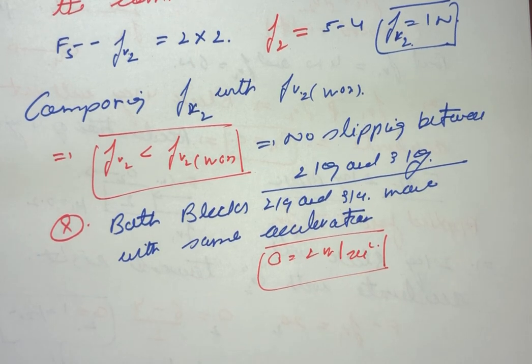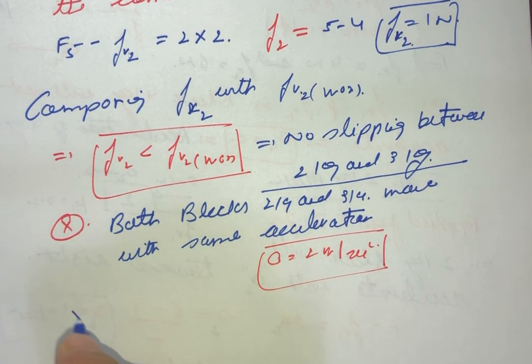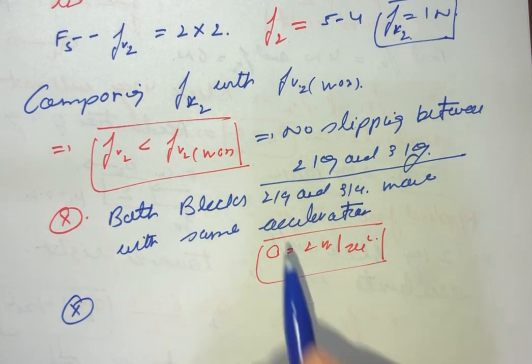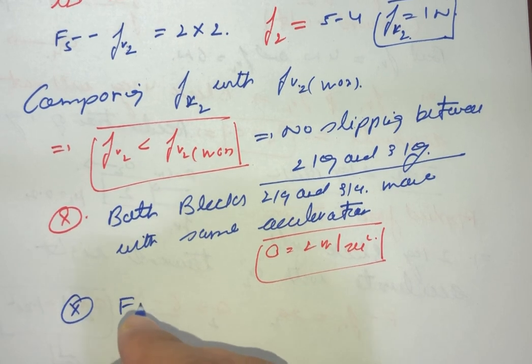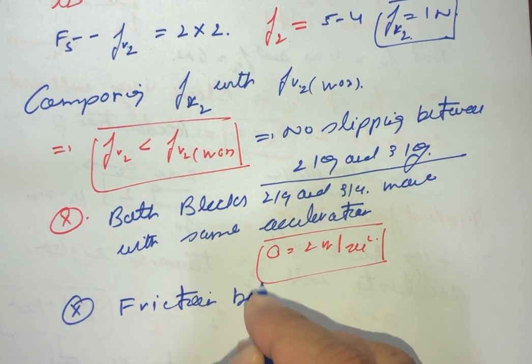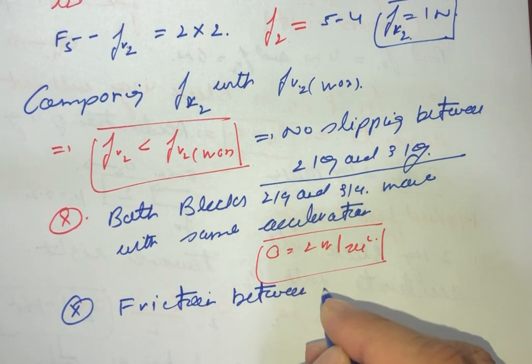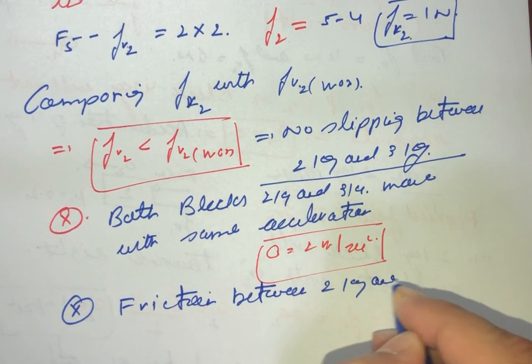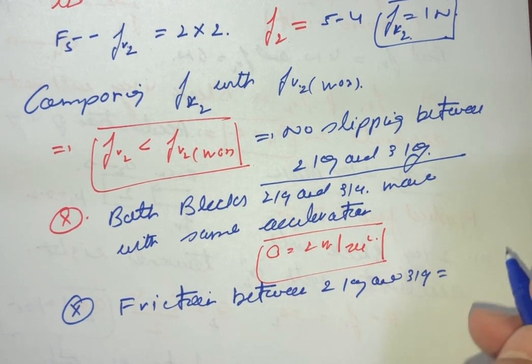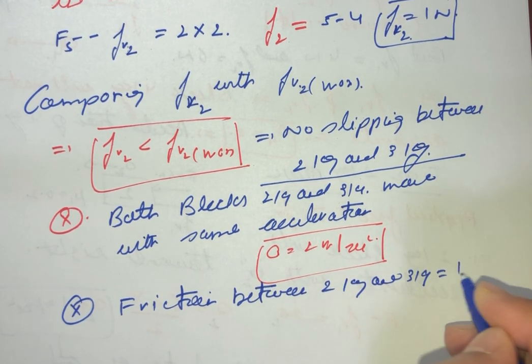And in the second part, it was supposed to ask to find the friction between all the contact surfaces. So the friction between 2 kg and 3 kg will be equal to 1 Newton.